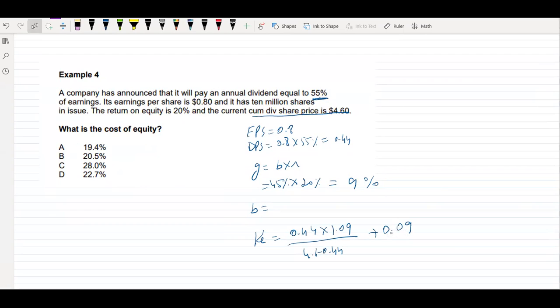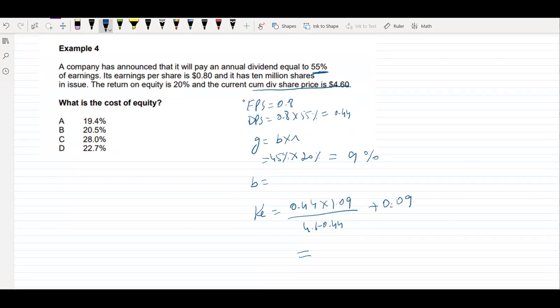Plus 0.09. Please calculate the cost of equity. 11.52, no, 11.53.